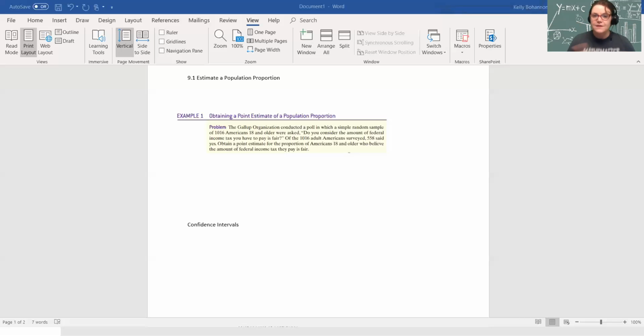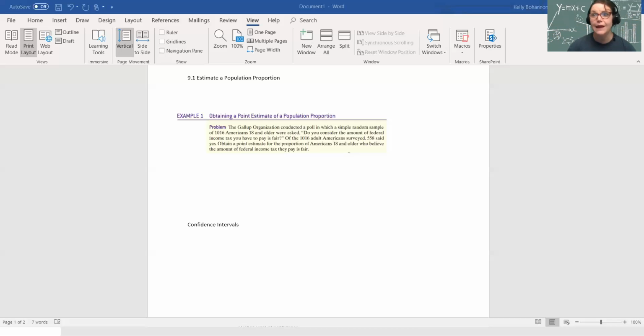Now, the larger the interval, the more confident I am. If I increased my interval and said that between 40 and 56% of the population think that they pay too much in taxes, well, that's a huge interval, so my confidence can go way up.